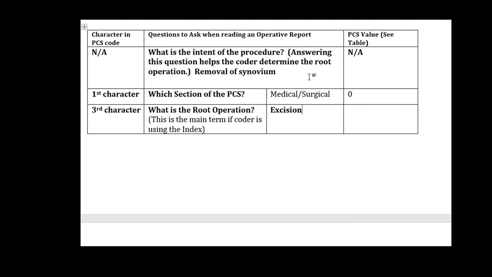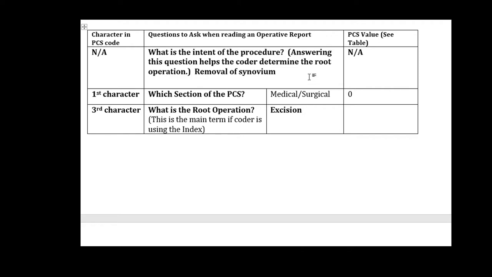Then if you think, what is the body part? Synovium is not listed in the PCS as a unique body part. You have to think of synovium as part of a joint because it lines the joint.